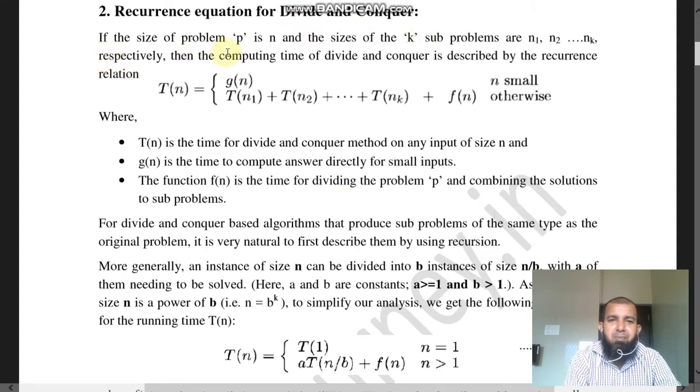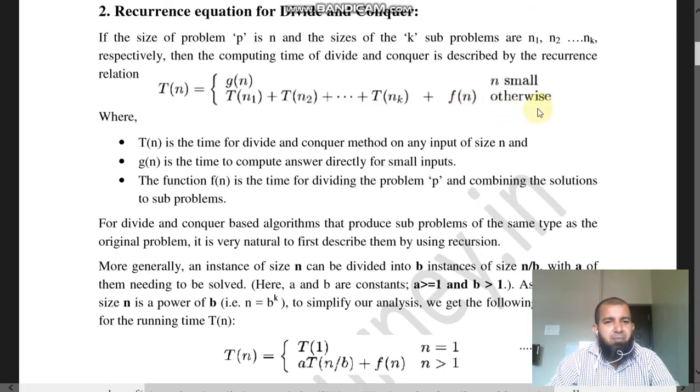If the size of problem P is n and the sizes of the k subproblems are n1, n2, nk respectively, then the computing time of divide and conquer is described by the recurrence relation T of n equal to g of n if n is small, T of n1 plus T of n2 plus T of nk plus f of n otherwise.